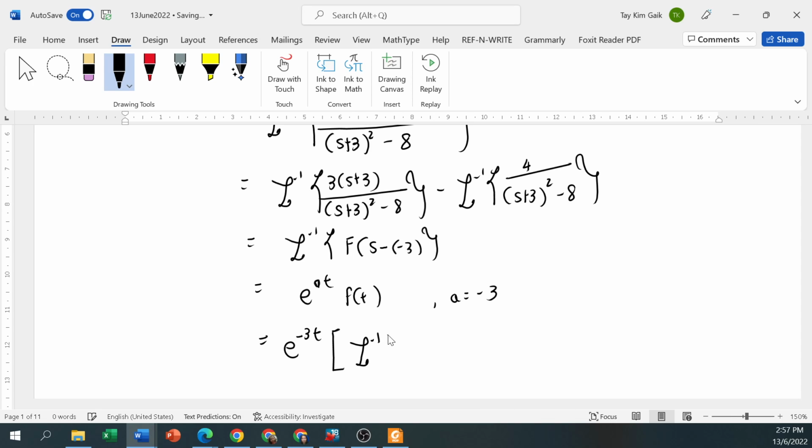The f(t) is the inverse Laplace of F(s), where s plus 3 is replaced by s. So this becomes s squared minus 8, minus the inverse Laplace of 4 over s squared minus 8.